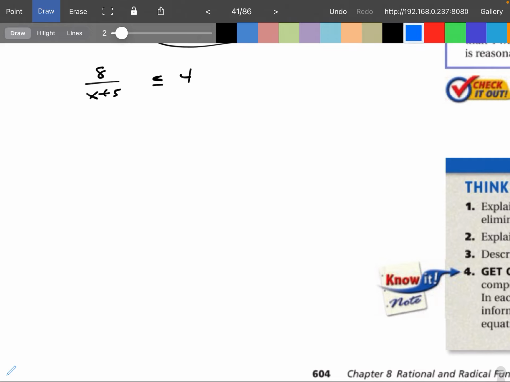Okay, now this is going to involve all the same steps. So to start this one, we are going to multiply both sides by the quantity x plus 5. We can't solve for the variable when it's in the denominator, so we need to get it on top. But this time when we do it, we're going to do case number 2 here.